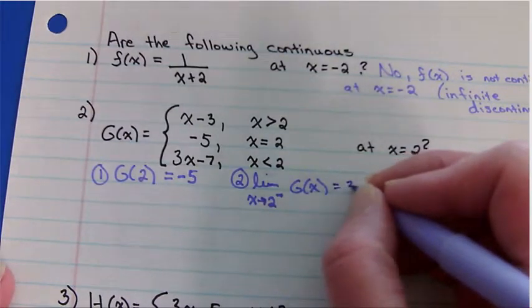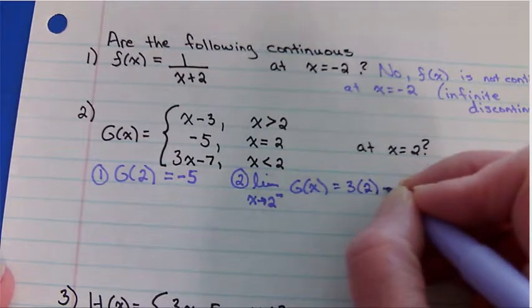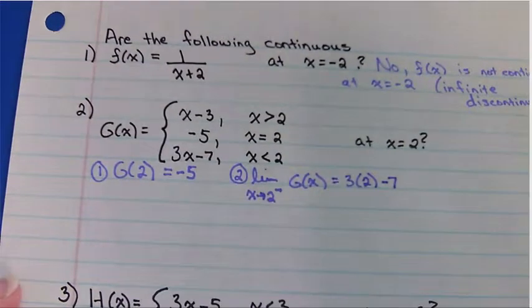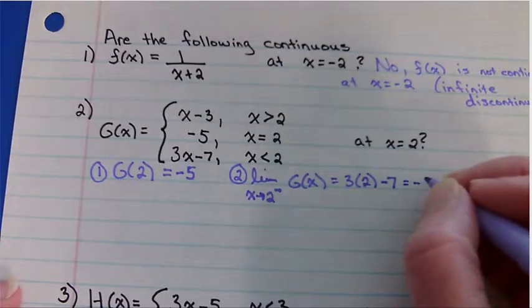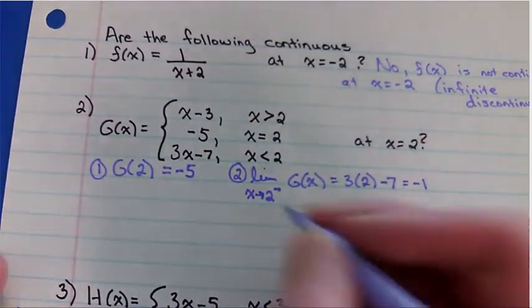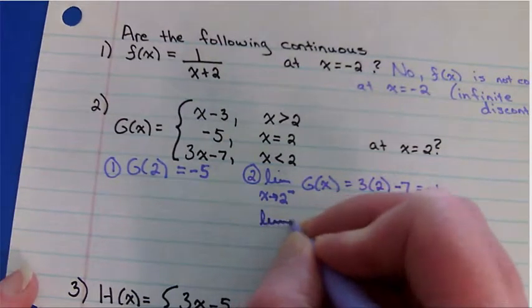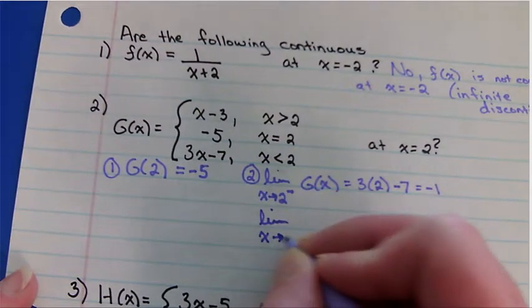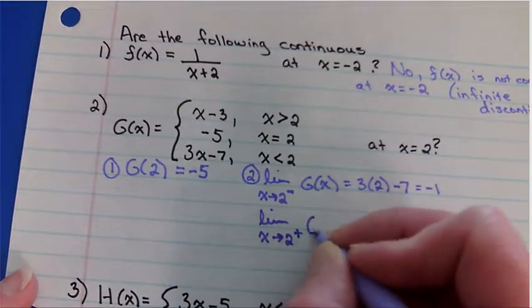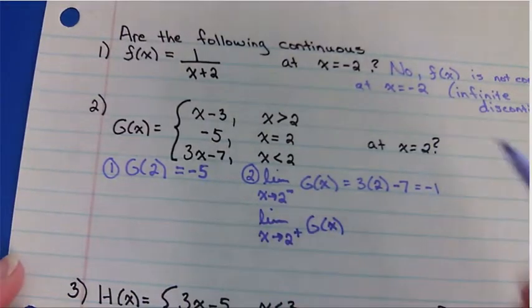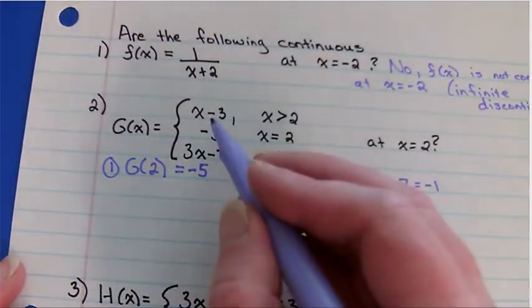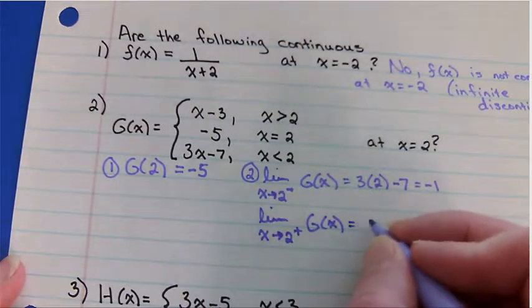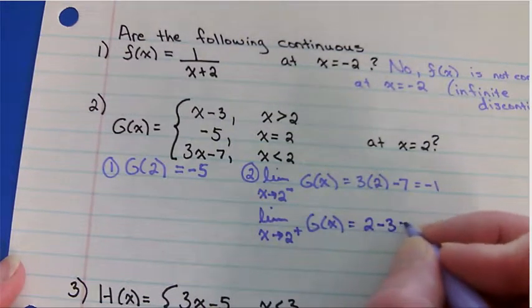That's going to be 3 times 2 minus 7, that's a negative 1. I also need to check the limit as x approaches 2 from the right. That's going to be when x is bigger than 2, so that's this rule. That's 2 minus 3.